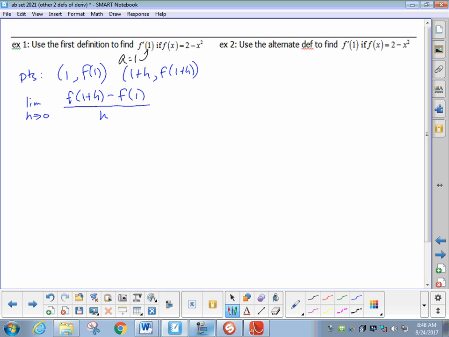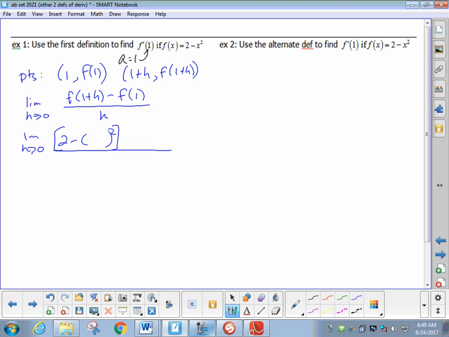All right. So now we start to get into details. What do I do from there? All right, great. Now what? You plug in. You use the function. All right? So the limit as h goes to 0. And you say, what is f of 1 plus h? Well, the more complicated the function, the more I do write the shell and then plug in. Wouldn't you say that the function generally says 2 minus whatever you put in squared?